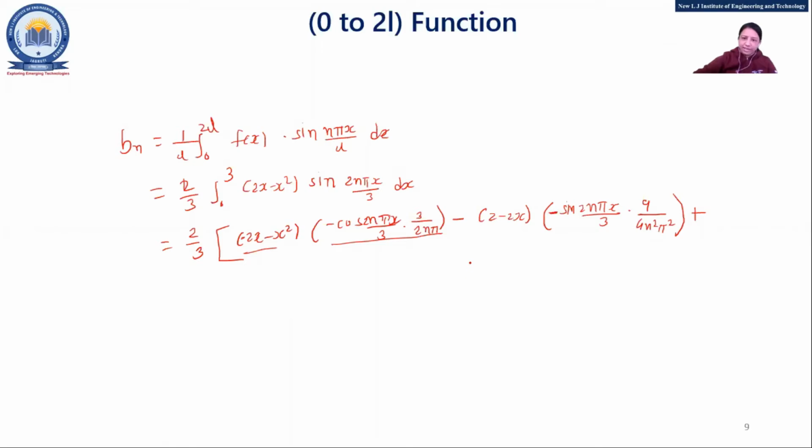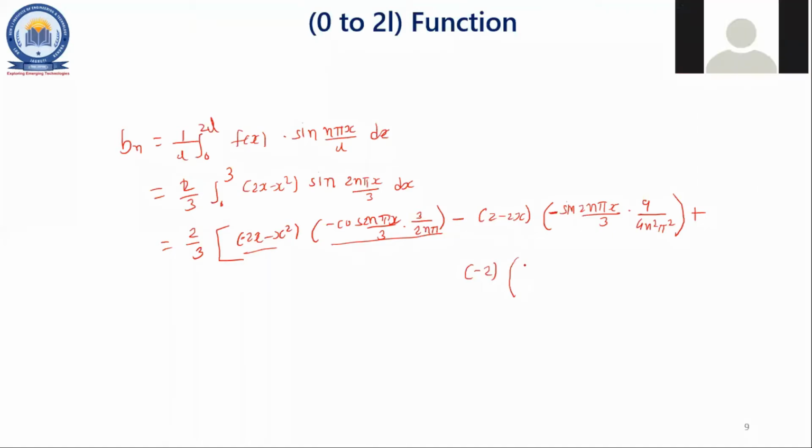Continue with the last term. Here that is your u. Minus 2, into, in another bracket. Minus 27. Minus is not supposed to be there now, I think.